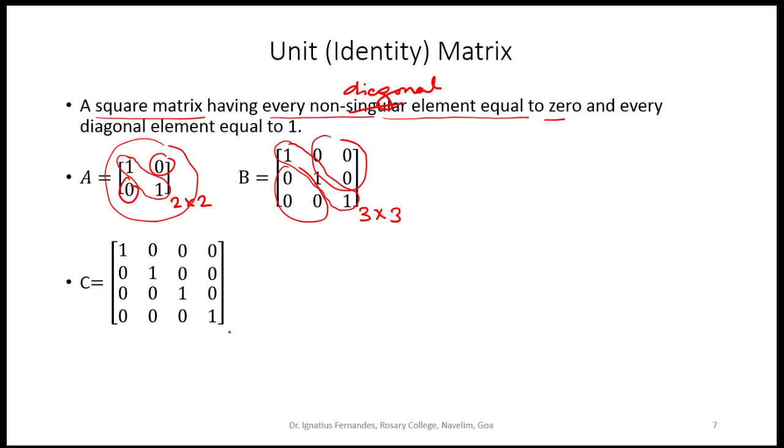Then here we have a 4 by 4 identity matrix, all diagonal elements 1 and non-diagonal elements 0. This identity matrix is the same as the number 1 in a number system, and it will possess the same properties that are satisfied by the number 1 in the usual number system.